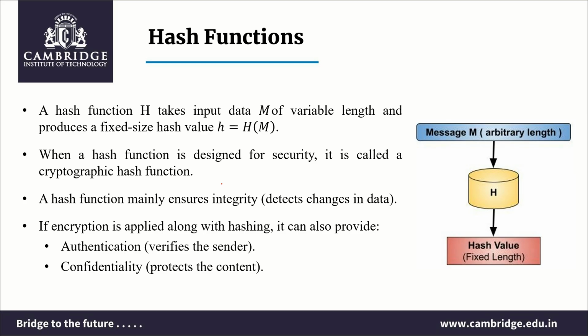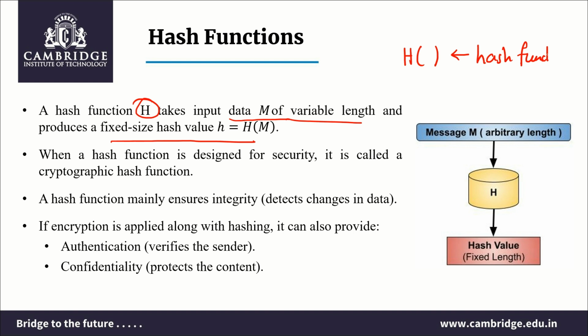Right, let's begin. Consider that h is a hash function. It takes the input data m of variable length and produces a fixed size hash value. So h is a function, and we call this a hash function.